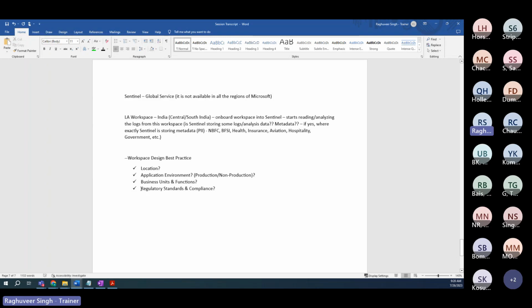So if there are data sources in Europe, you will design a workspace in Europe also. So you will have a workspace in Europe, and then you will have a workspace for other geographies. You will at least have two workspaces, one in Europe and one outside of Europe. So that's the answer to this question. This is for the regulatory requirements.